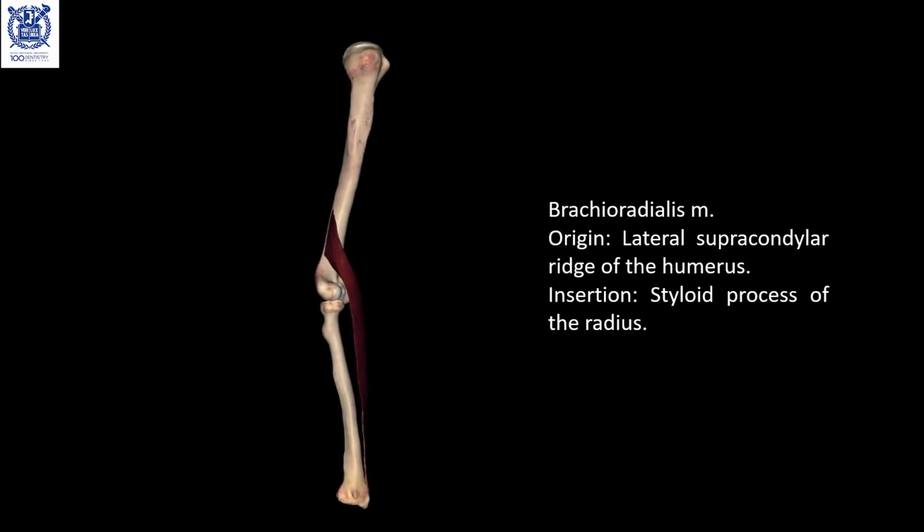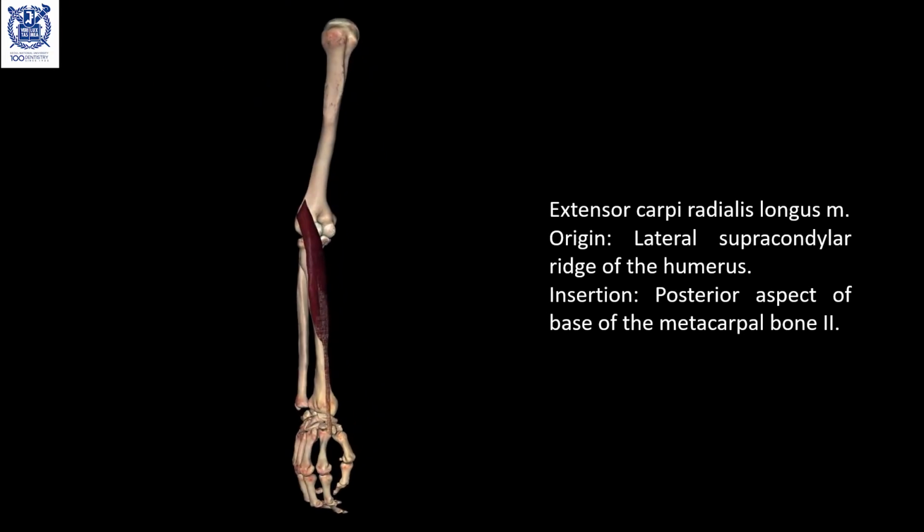Brachioradialis muscle. Origin, lateral supracondylar ridge of the humerus. Insertion, styloid process of the radius. Extensor carpi radialis longus muscle. Origin, lateral supracondylar ridge of the humerus. Insertion, posterior aspect of the base of the second metacarpal bone.